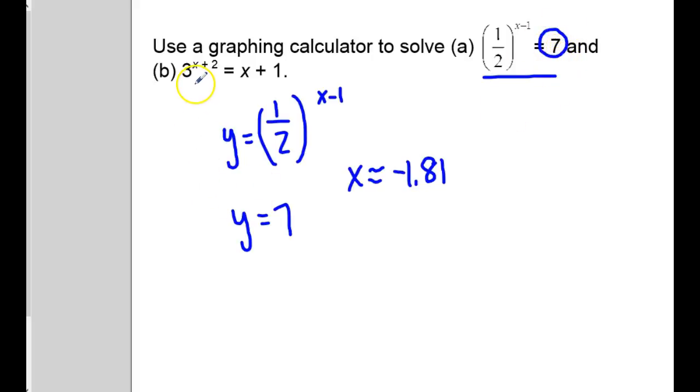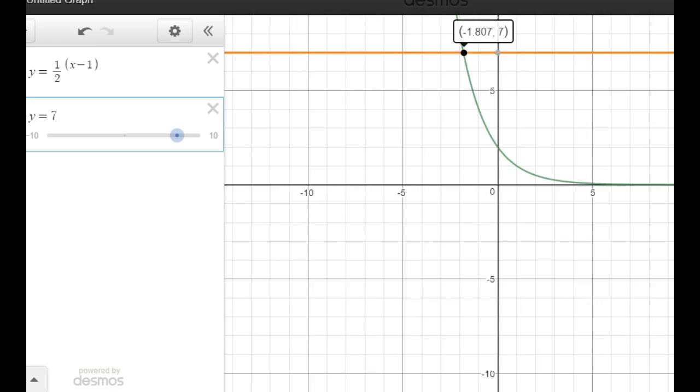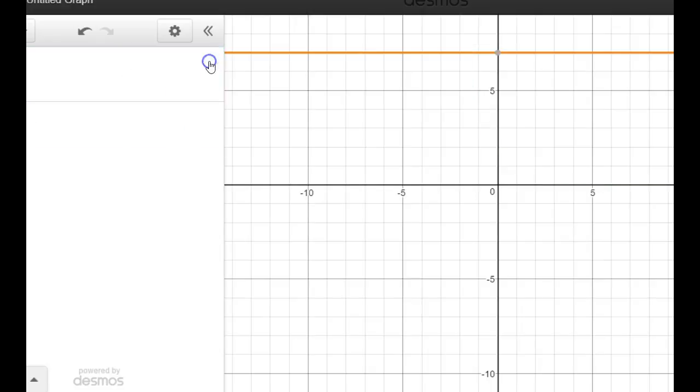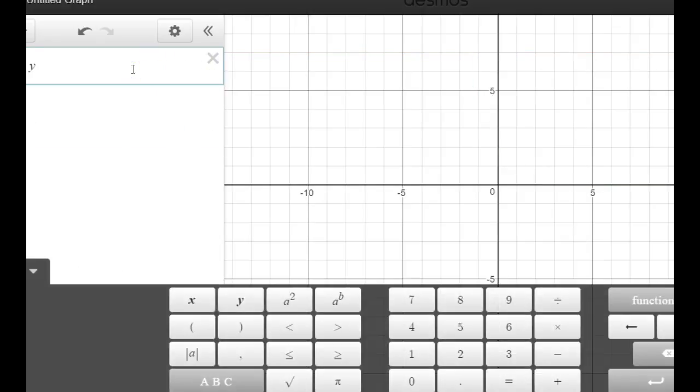So now let's look at part B. I'm going to do the same thing and write my system of equations. We're going to do green for B. So I have y equals 3 to the x plus 2, and y equals x plus 1. Now I can go back to my graphing calculator, or if you're like me, you can just use Desmos, and I write out both of my equations.